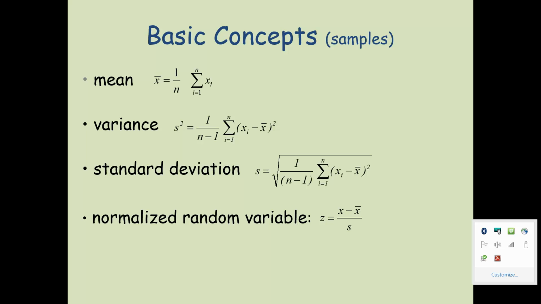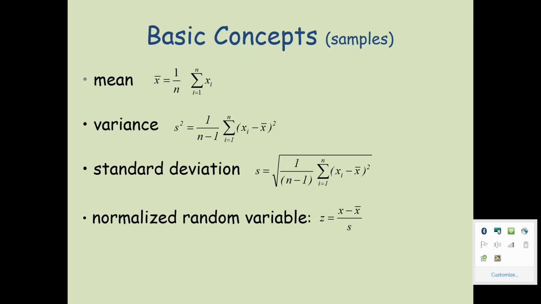Usually what we work with is the sample values of the statistical measures. The mean x bar is just equal to 1 divided by n, where n is the number of values in the sample, times the sum of all the values of the sample. The variance s squared is equal to 1 over n minus 1 times the summation of the difference between xi and x bar squared for all the random values.